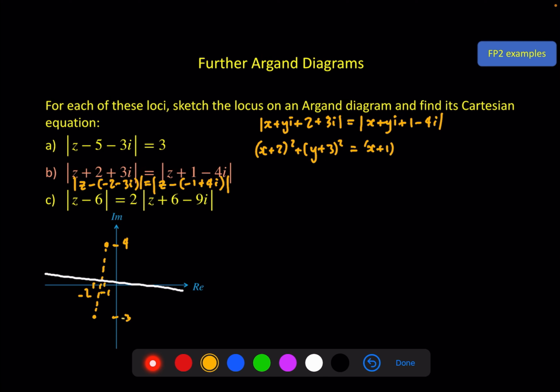The square root of (x + 1)² + (y − 4)², but after I've squared both sides, both the square roots disappear. Be careful not to jump that on part C because of that 2, but in this case we get this. Now expand and simplify.